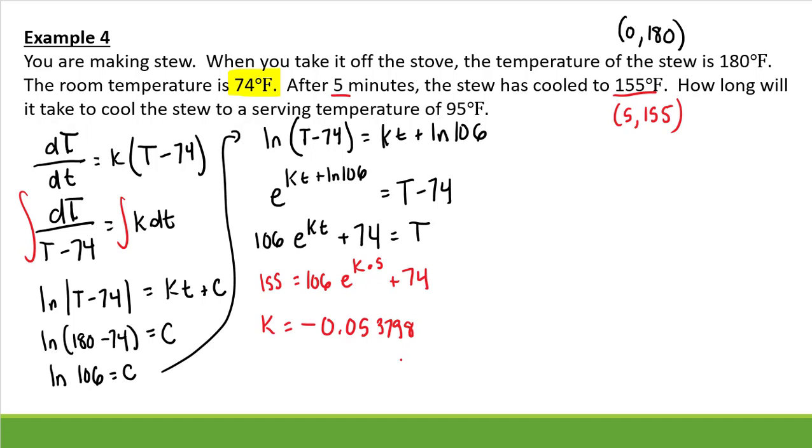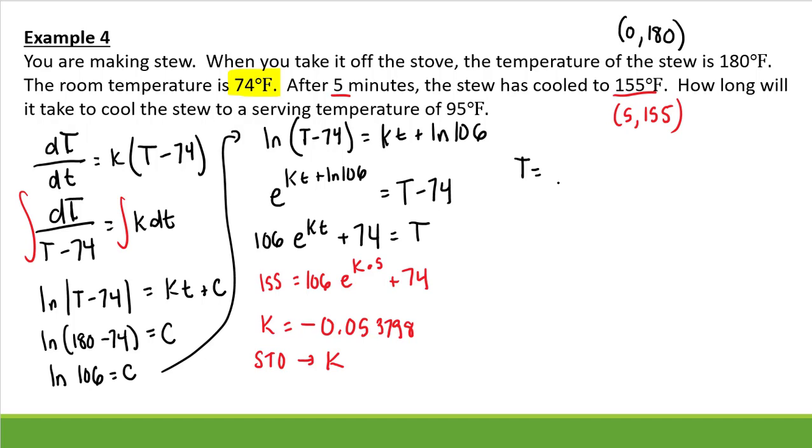So now I have this equation: T equals 106 e to the negative 0.053798 t plus 74. Okay, so that's my T.